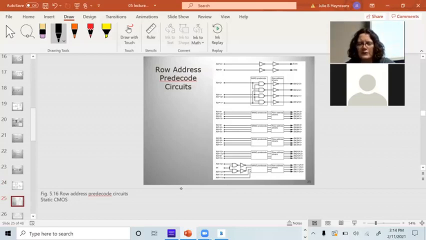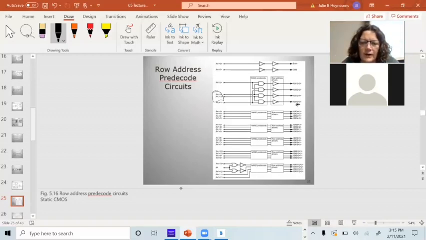Pre-decode circuits, let's talk about these a little bit more. The pre-decode idea, as we've looked at, is that we've got 2 bits here, and which ones is it decoding? This one is pre-decoding bits 1 and 2 because it's called RA12.